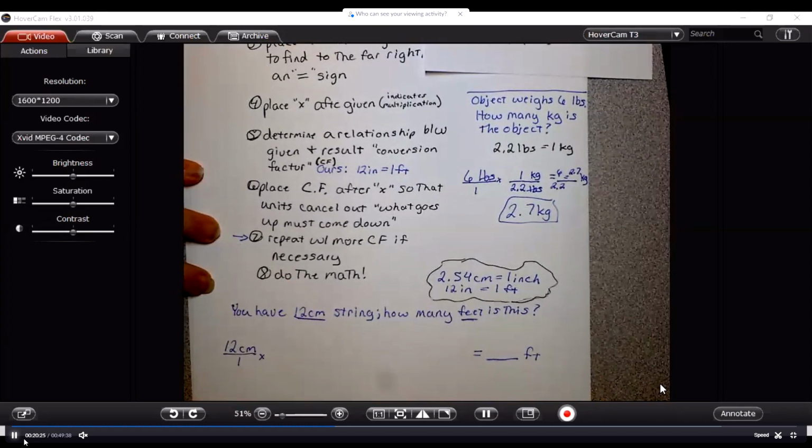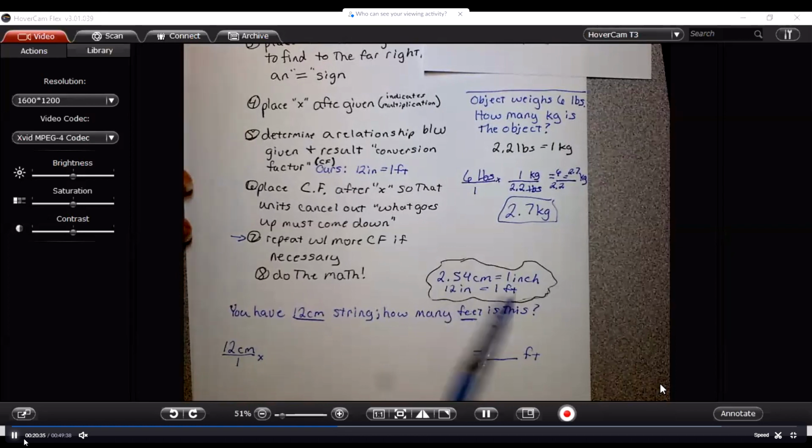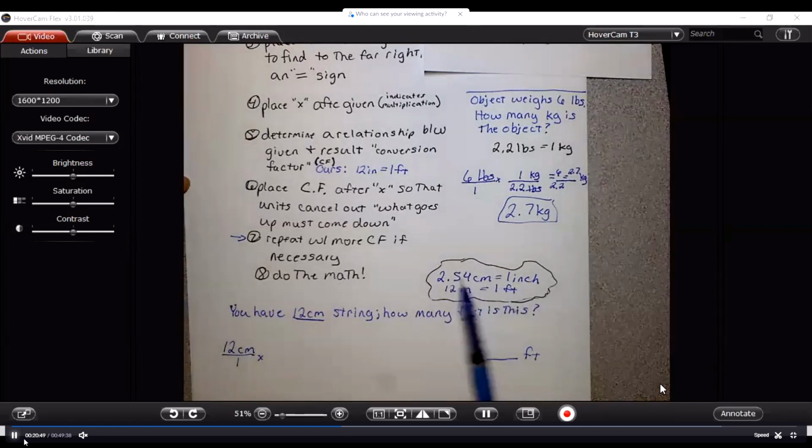So now we need to find a relationship between centimeters and feet. Now when you do this, if there's not a direct relationship between the two, you know you're going to need multiple steps. So you can actually work from the two ends towards the middle. So 12 centimeters, you've got one of these values has centimeters in it. You know you need to cancel centimeters out eventually.